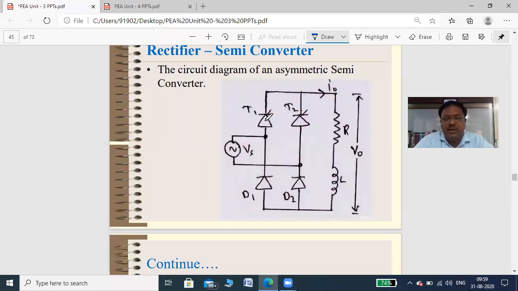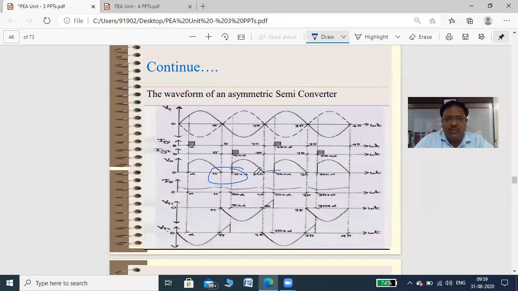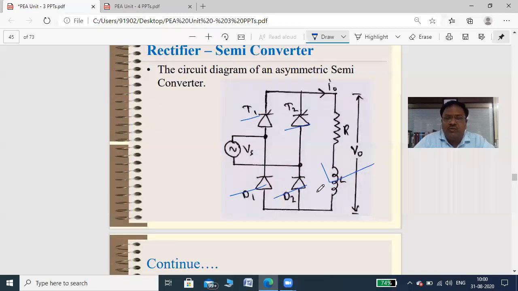Now it is asymmetric: two SCRs, T1, diode D1, T2, diode D2. Again, same thing, the negative part is absent. In a semi-converter, the negative part is always absent, even if your load is inductive, because diode D1 or diode D2 will act as a freewheeling diode.